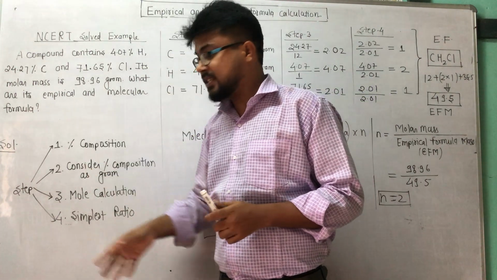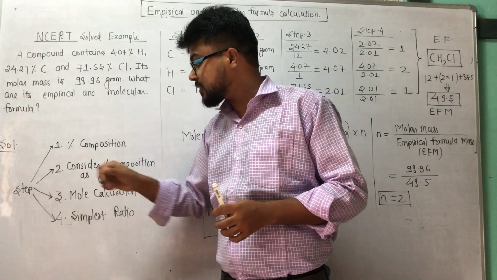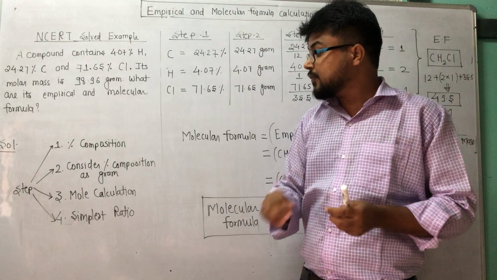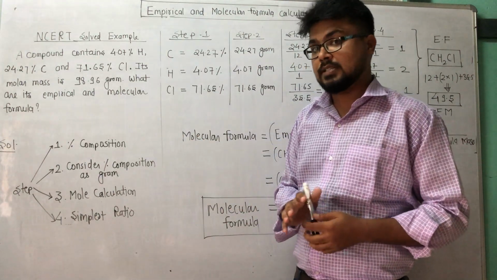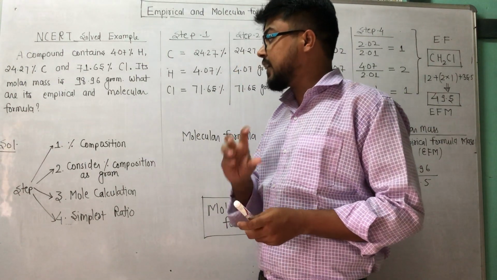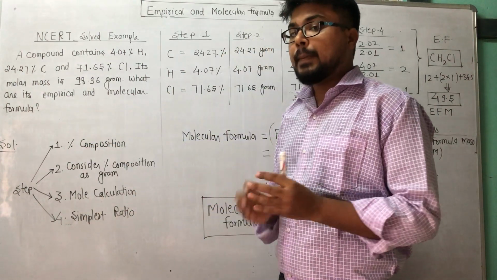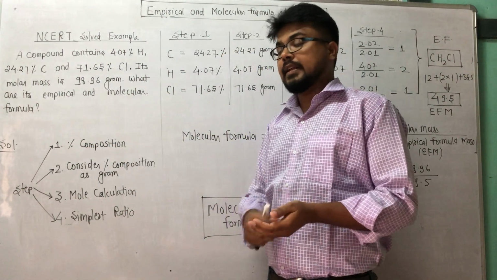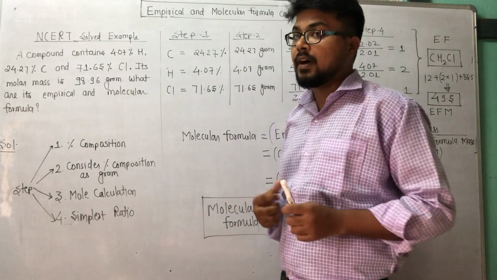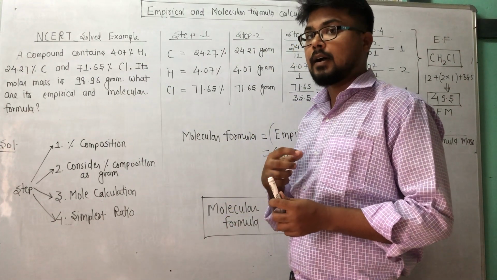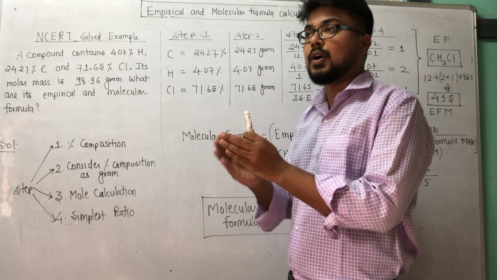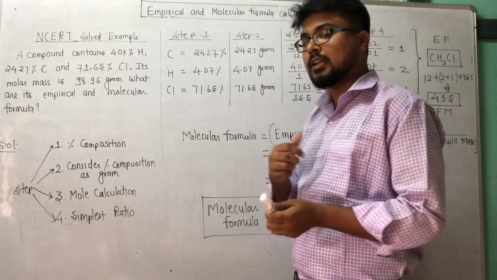Suppose we have four steps: step 1, step 2, step 3, step 4 for empirical formula calculation. Our first step is the percentage composition. If percentage composition is given then it's better, otherwise we will find it by our concept which is based on percentage composition calculation.